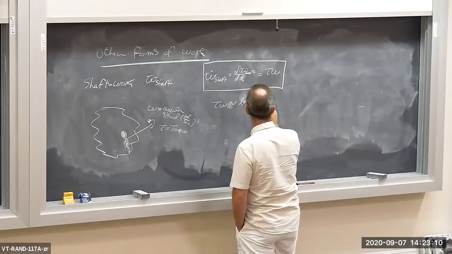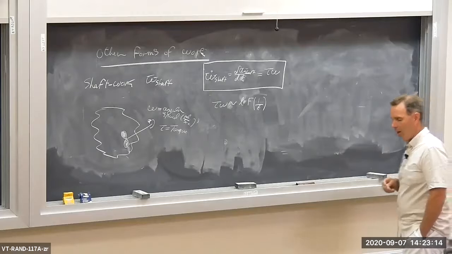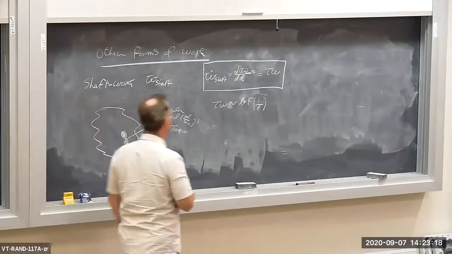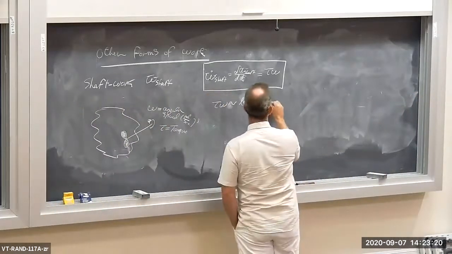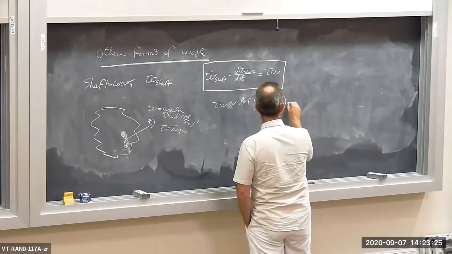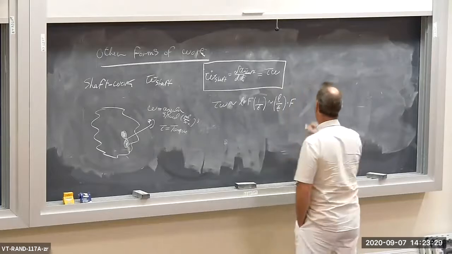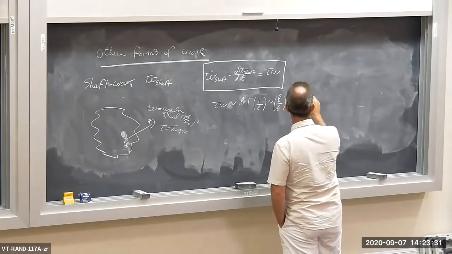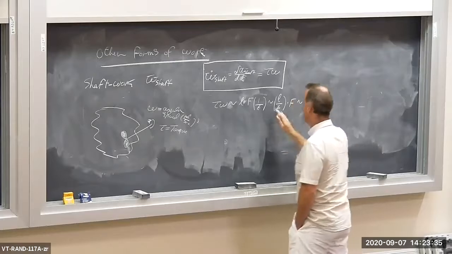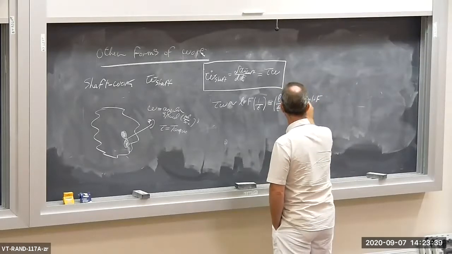And then I have time, t. So a length times a force divided by t, that has units of a length divided by time times a force. So this is a velocity. Velocity times a force.